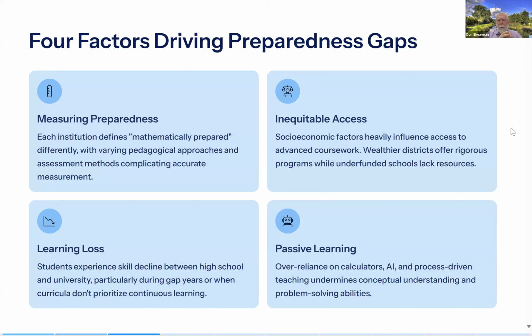So this is probably more true of the American situation, where the wealthier school districts have considerably better education standards than the less wealthy ones. And also this fact of over-reliance on calculators and AI these days, which is leading to passive learning that Mary was talking about, or avoiding this in her talk this morning.